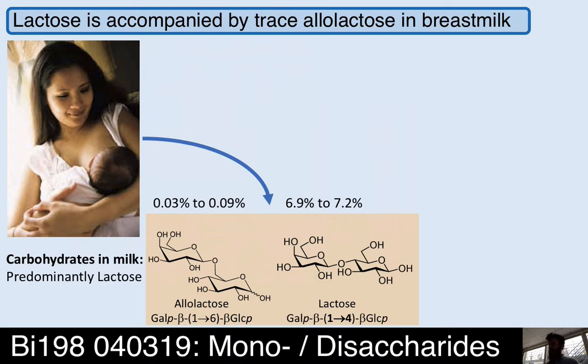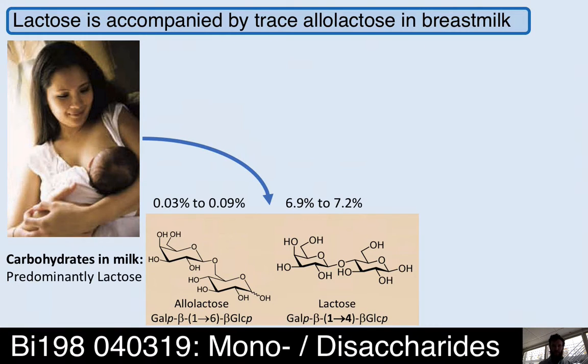So a large percentage of the carbohydrates, the bulk of the carbohydrates, and a large percentage of the total solids, 7%, is lactose. There is about 0.03 to 0.09%, so a very small, like 1/10,000th of the dry mass of the milk, is a different disaccharide called allolactose.